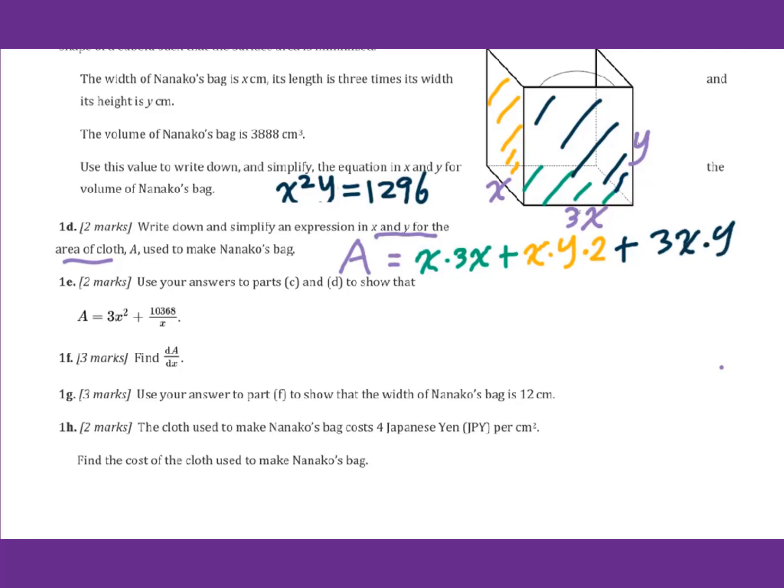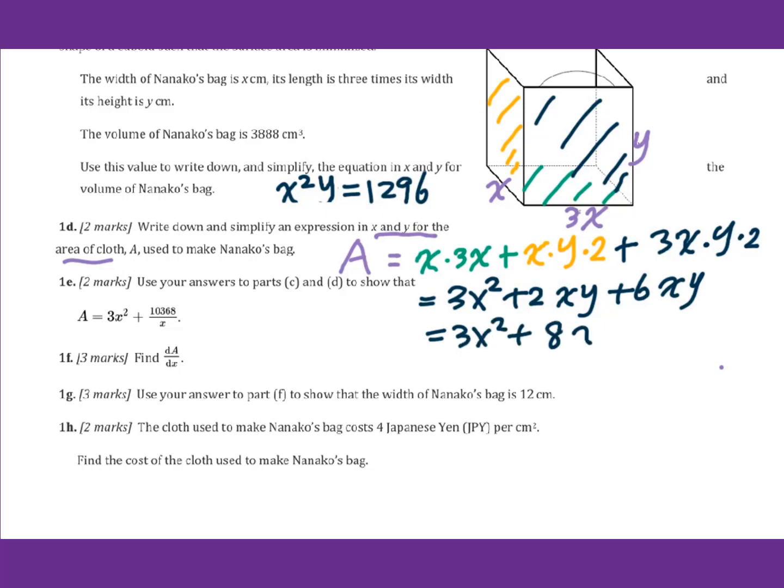And also we have back, we multiply by 2. Simplify, we have 3x squared plus 2xy plus 6xy. So we have 3x squared plus 8xy. That will be A. Area of the bag equals 3x squared plus 8xy.